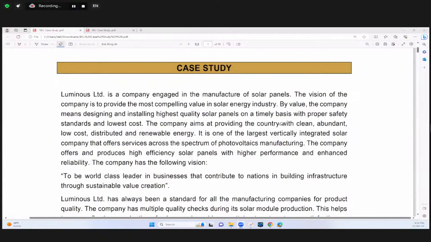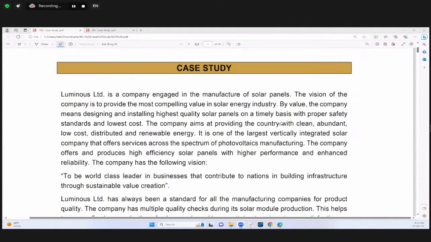The company also aims at, students, providing the country with clean, abundant, low cost, distributed and renewable energy. It is one of the largest vertically integrated solar companies that offers services across the spectrum of photovoltaics manufacturing.